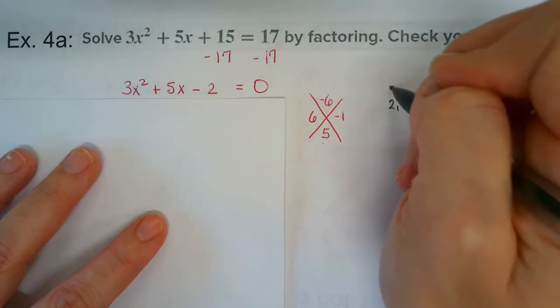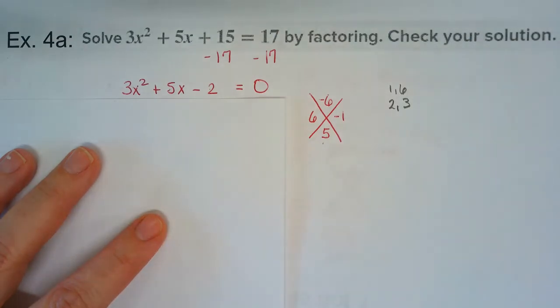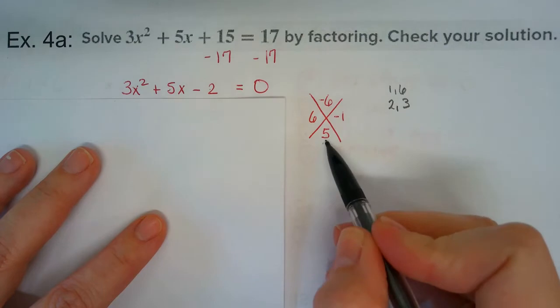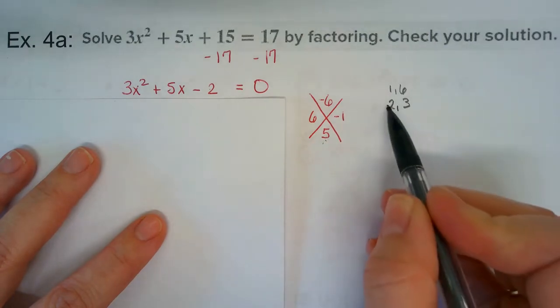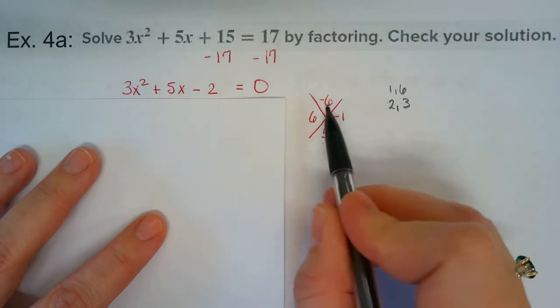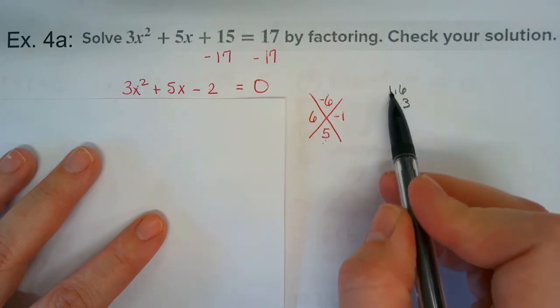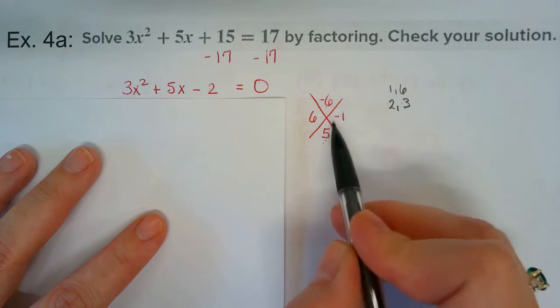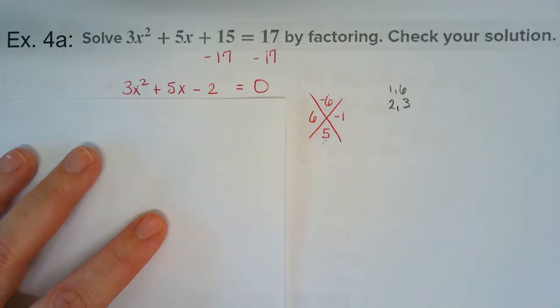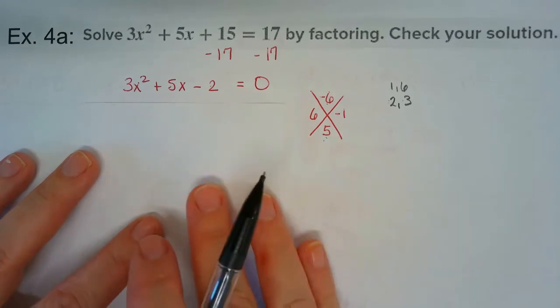So again, tricky because both sets still give you 5 for factors of 6. But in order for this to be positive 5, both of these could be positive, but then that would not make this negative 6. And for this one, if you do it, it does give you 5, but your negative has to be on that smaller number. So very tricky numbers they decided to use for that guy.